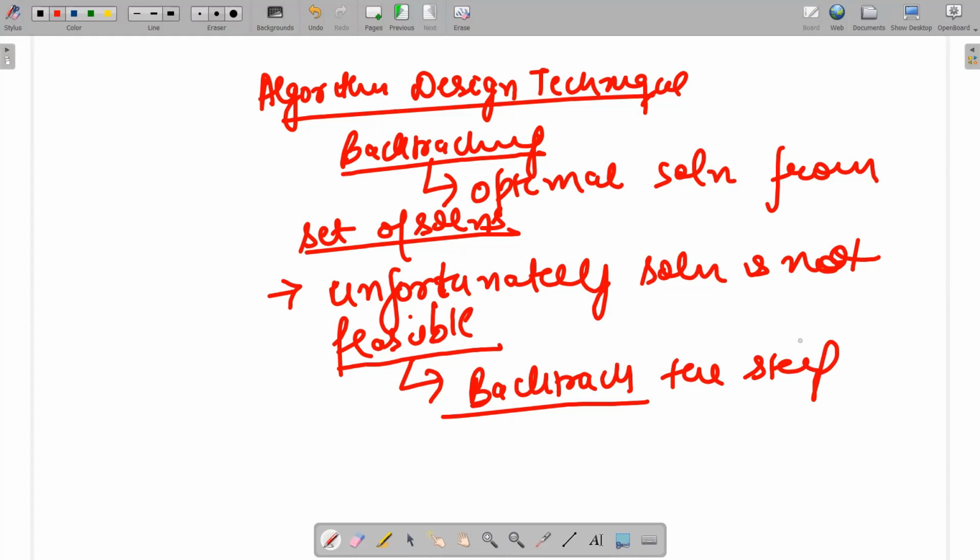It means that we may not get a feasible solution, and we have to backtrack again. We have to change some strategy and try to find the solutions accordingly.